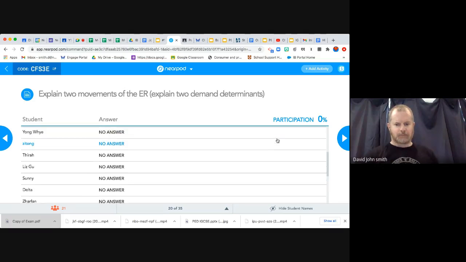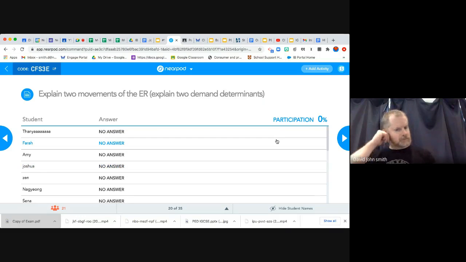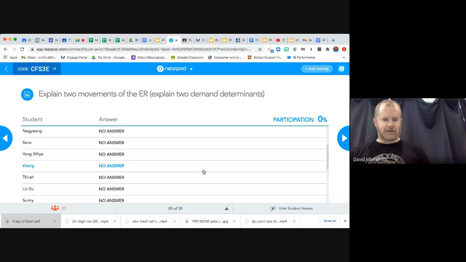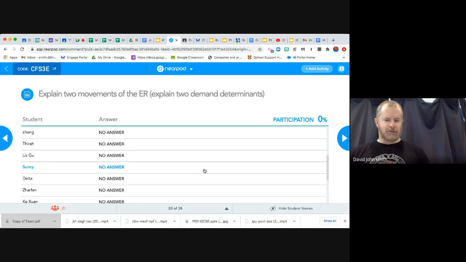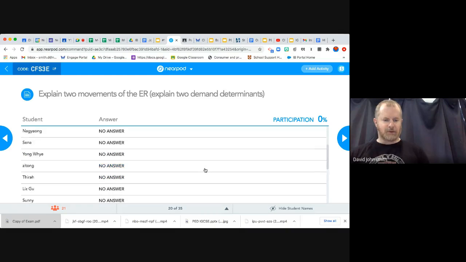Have a go. All right, so explaining 2 movements of the exchange rate, 2 determinants, 2 things that will cause it to move.